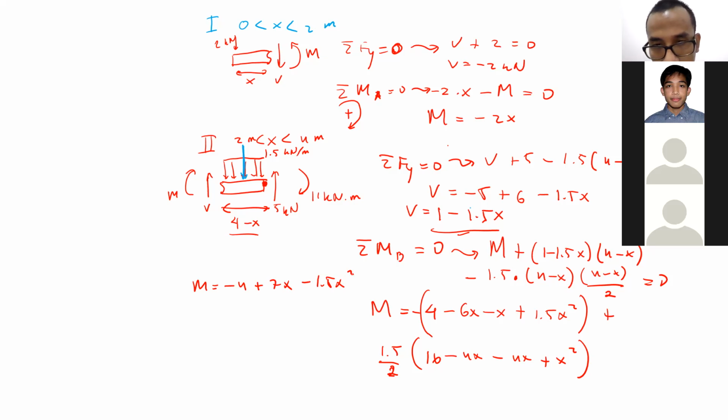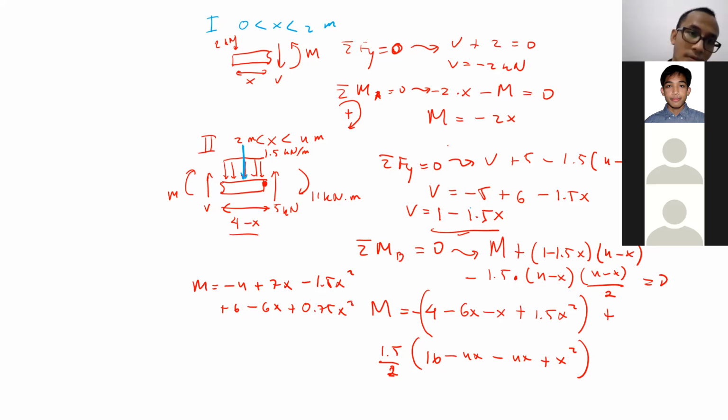8. Now it becomes 6 plus 6 minus 3 minus 3 minus 6x plus 1.5, 0.75 x squared.